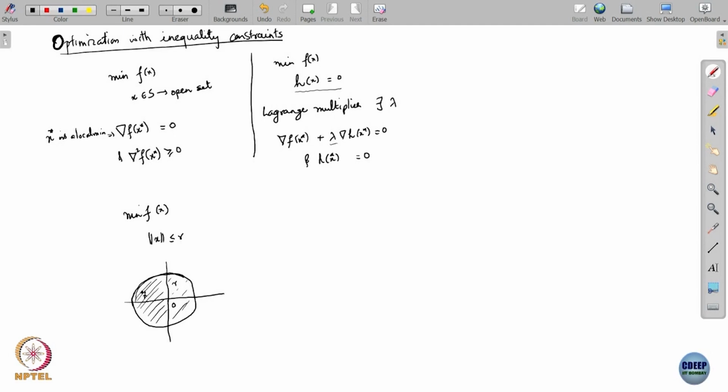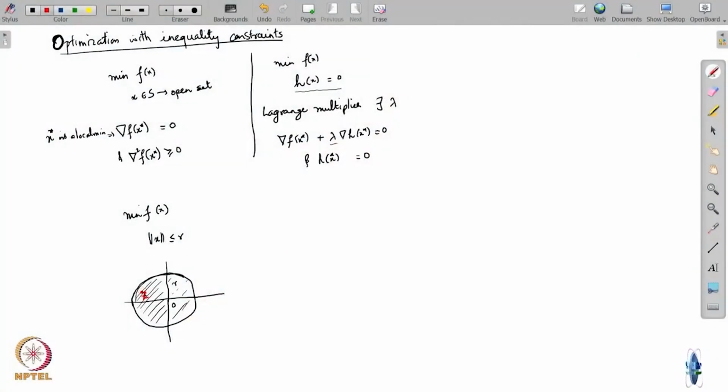So, if I consider a point x star here that is inside, and suppose this is a local minimum. Suppose I consider a point x star here, that is in the interior of this ball, and it is a local minimum of this optimization problem. What it means is, it is a local minimum over a small neighborhood around it, which lies completely inside the ball.